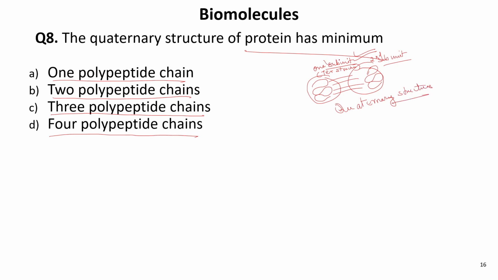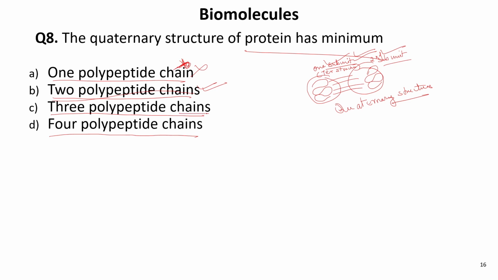So at least 2 subunits they require, at least 2 polypeptide chains. One polypeptide chain can only reach up to the tertiary structure. So one polypeptide chain cannot form the quaternary structure. They can reach up to the tertiary structure only.